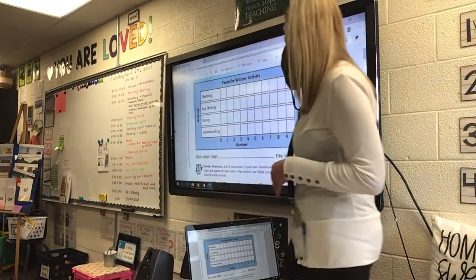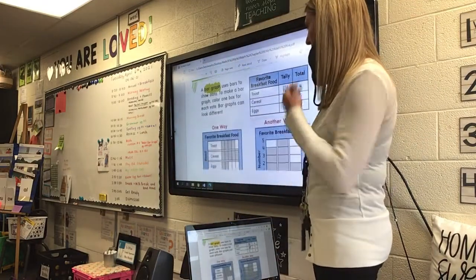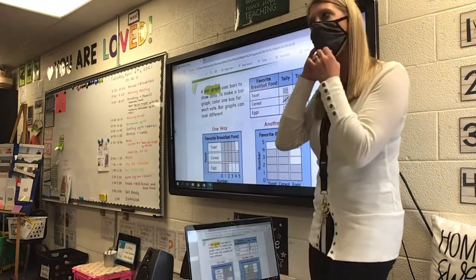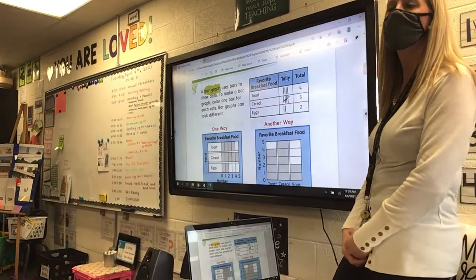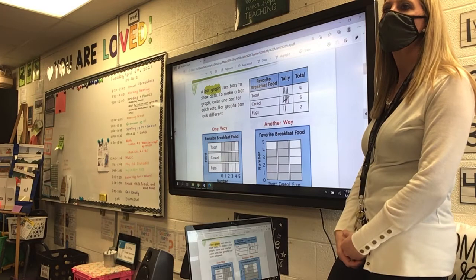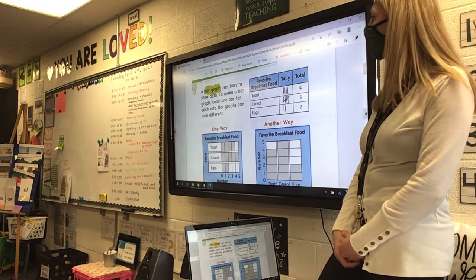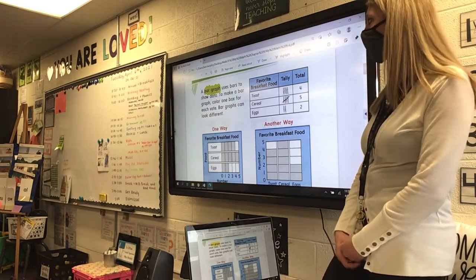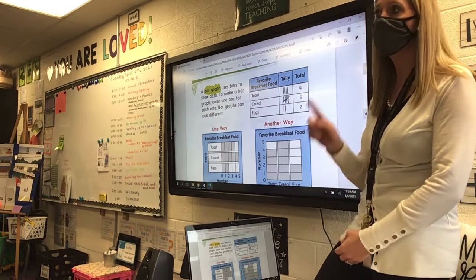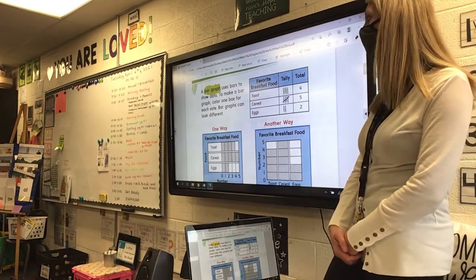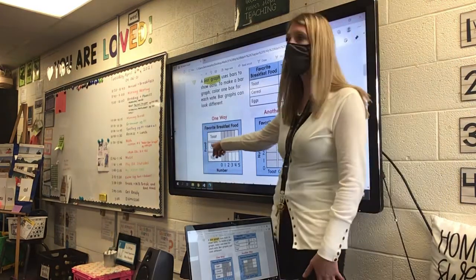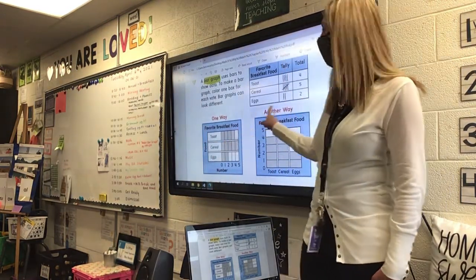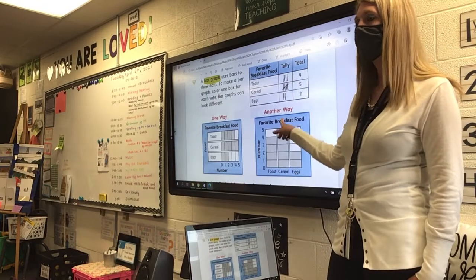Okay, on the guided practice today, it says a bar graph uses bars to show data. To make a bar graph, color one box for each vote. Bar graphs can look different. Remember how we talked about the bar graph can go horizontal and it can go vertical?